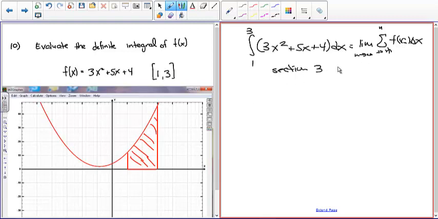So Section 3 was basically saying the definite integral gives us the area using the limit definition.